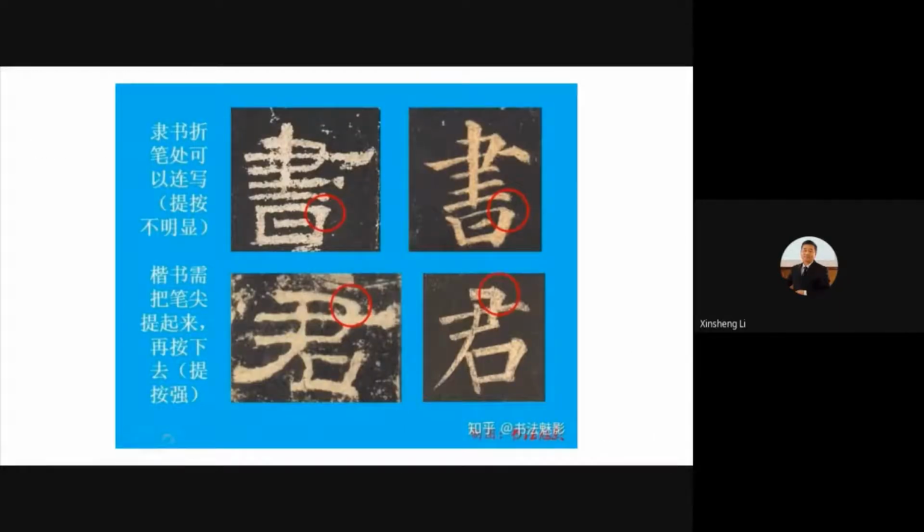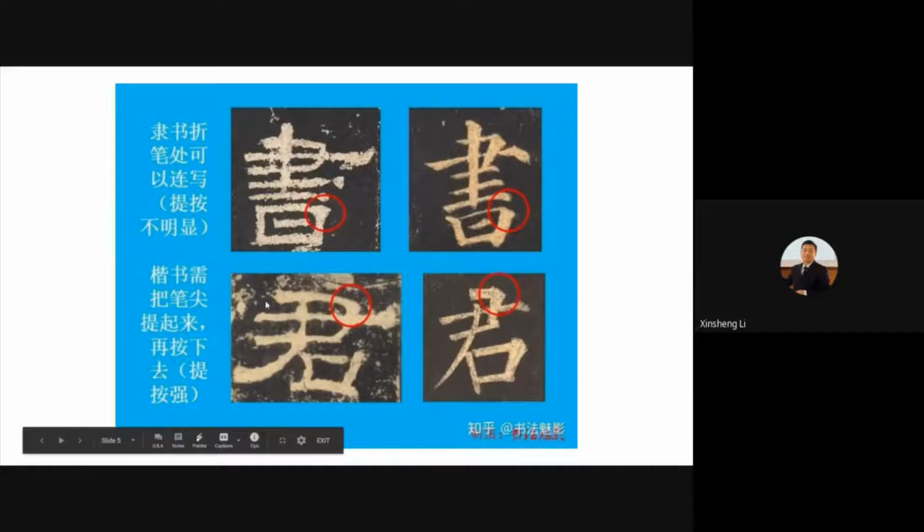In this evolution process, from the structure of a character, they changed the flat or horizontal rectangle to a square, sometimes even a little bit vertical square. Look at this one and this one.